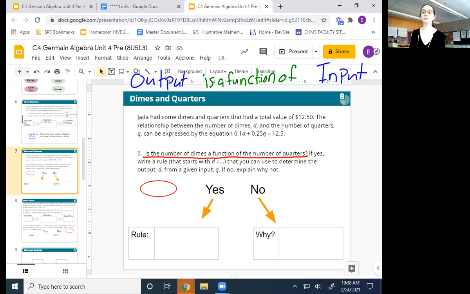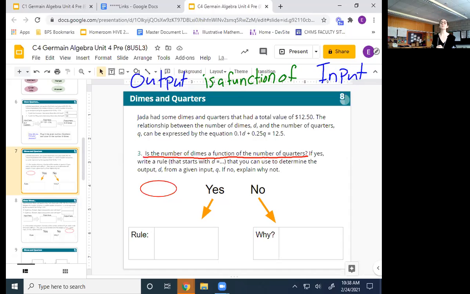Nice job, Haley. Nice job, Dylan. Thank you, Julia. Nice job, Caleb. Very good, guys.